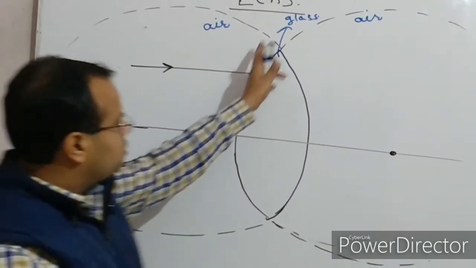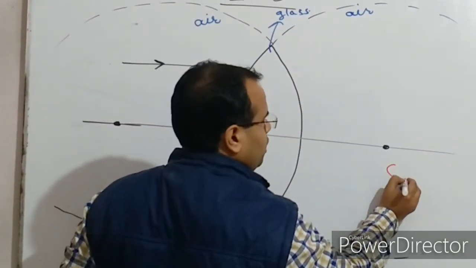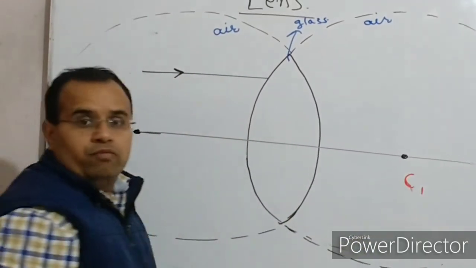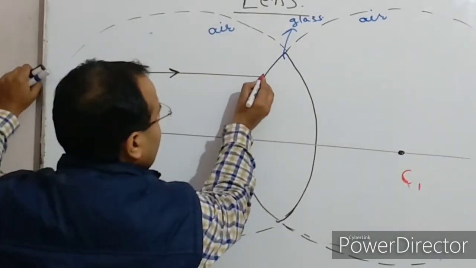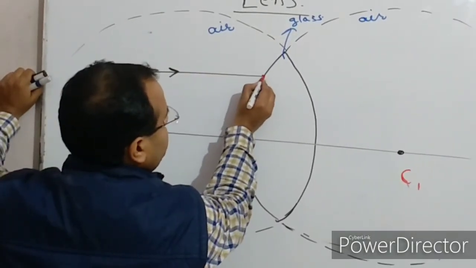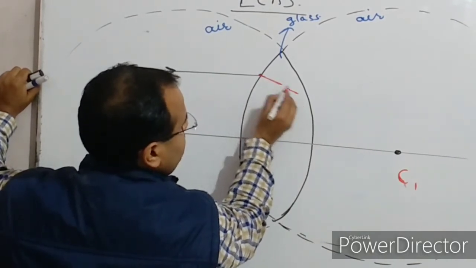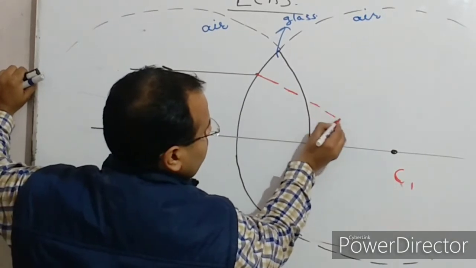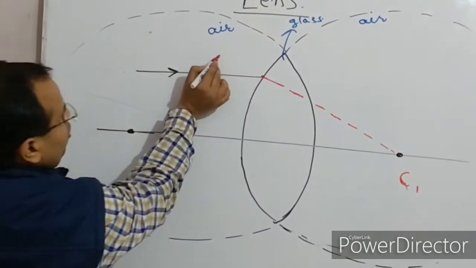This is the first surface, so this is its center of curvature, and the light ray will bend towards the normal. If I draw the normal at this point of incidence, I have to join this point to the point C1 on the principal axis. If I do this, this is the normal.